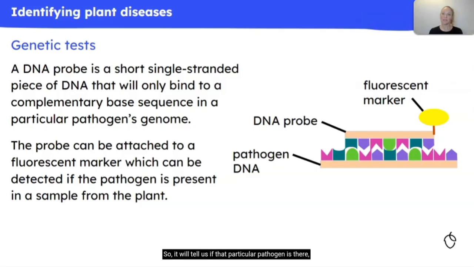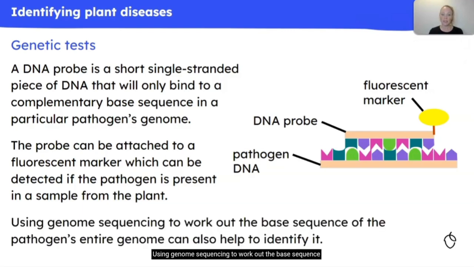So it will tell us if that particular pathogen is there, and it will fluorescently mark it so that if we put it under a UV light, we would be able to see that that probe is there, and therefore so is the pathogen. Using genome sequencing to work out the base sequence of the pathogen's entire genome can also help to identify it.